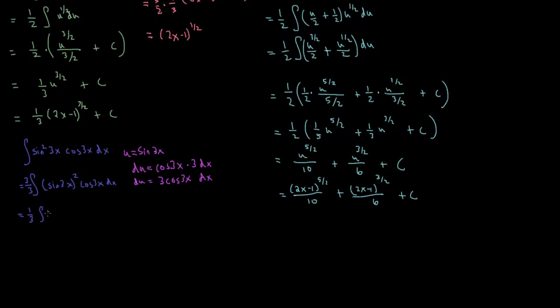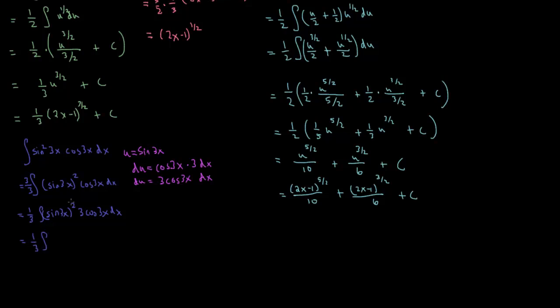So we have sine 3x squared, and now we have 3 cosine 3x dx, and what do you know? We have exactly the form we need.